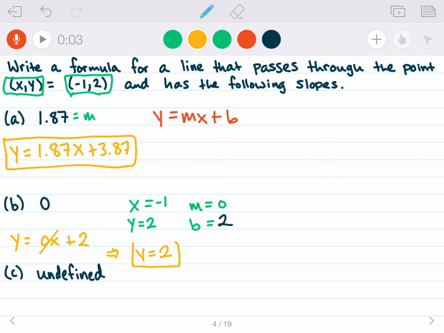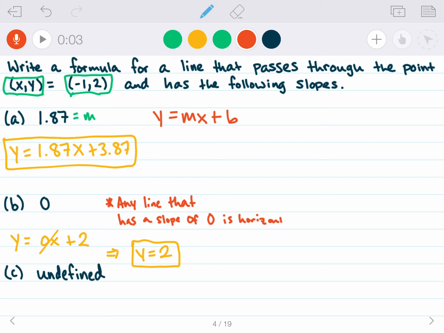Now I want to talk about what this looks like graphically. This is an important concept that we may have touched on, but I want to hammer it home here. An important thing to note is that any line that has a slope of 0 is horizontal.